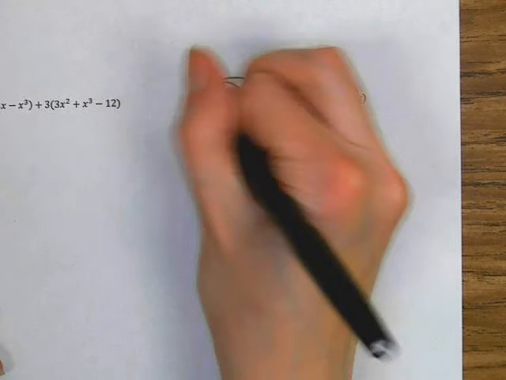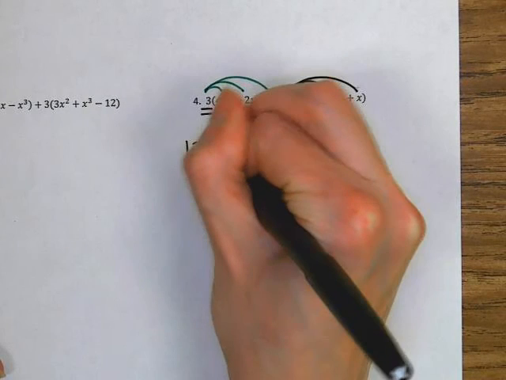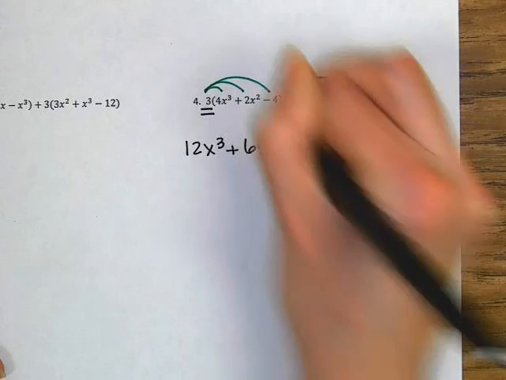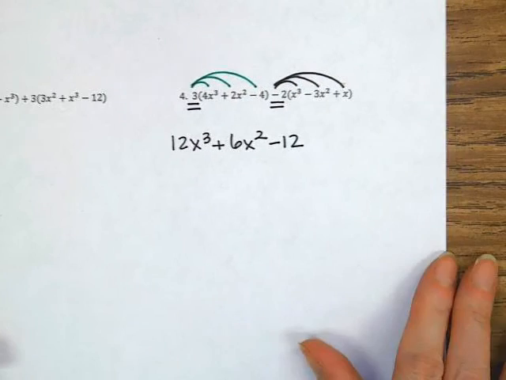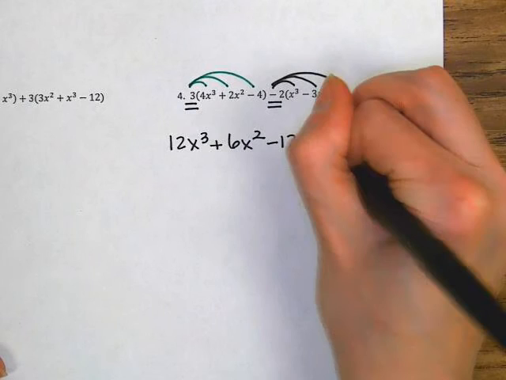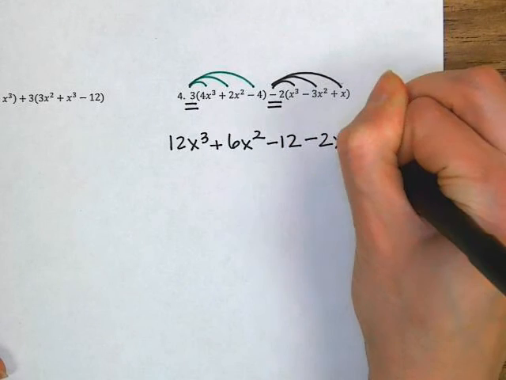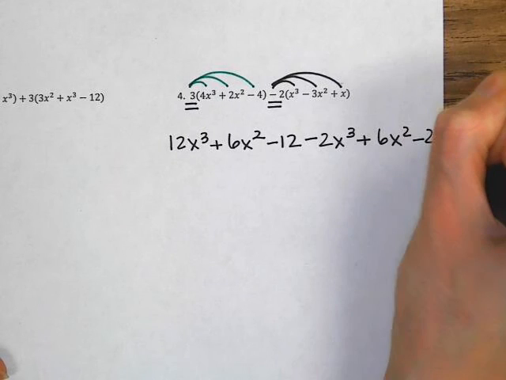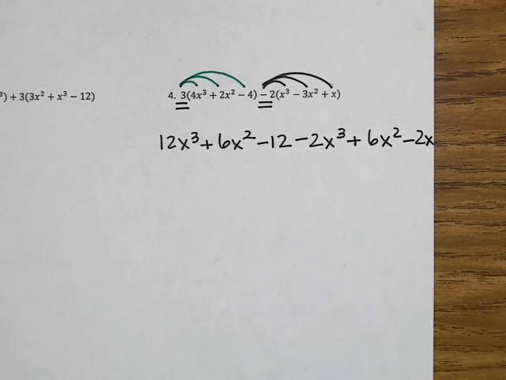Okay, let's do it. So this becomes 12x cubed. This becomes plus 6x squared, and then minus 12. And then this parenthesis is negative 2x cubed, positive 6x squared, minus 2x. All right, so everybody knows how to distribute, right?